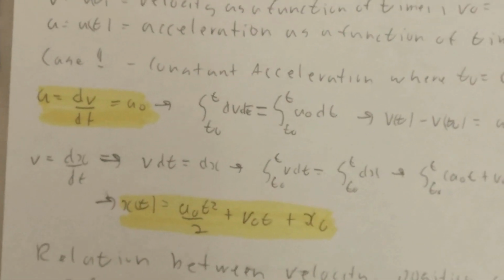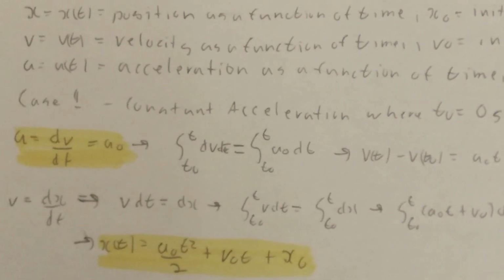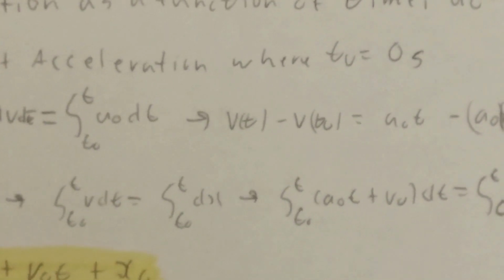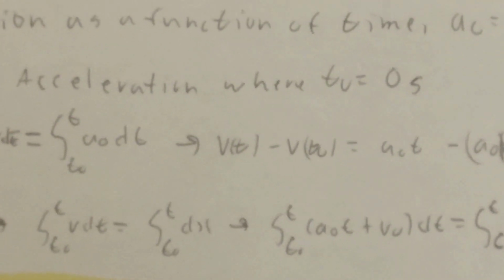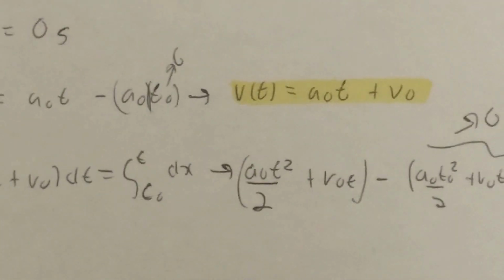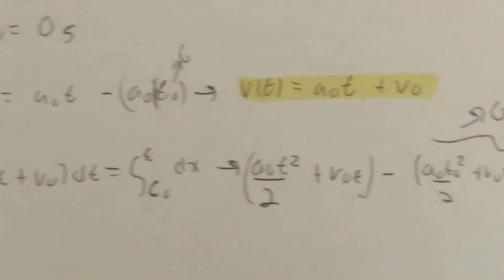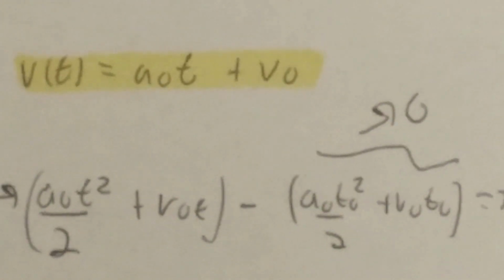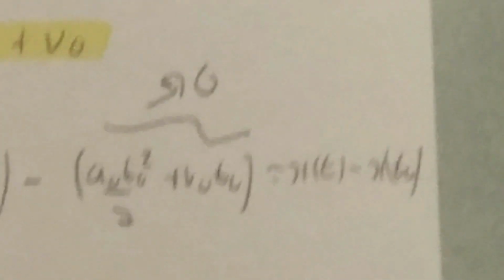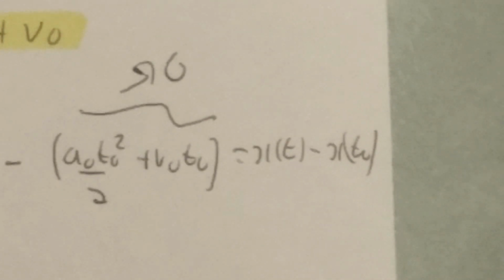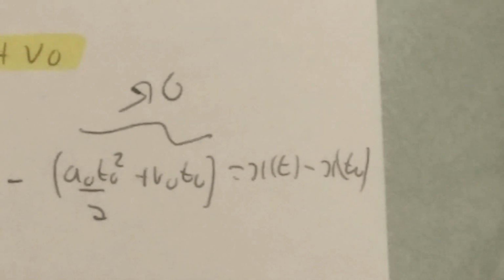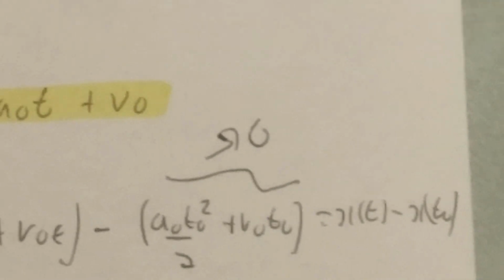Next, v equals dx/dt implies v dt equals dx. That implies the integral from t naught to t of v dt is equal to the integral from t naught to t of dx. And that implies that a naught t squared over 2 plus v naught t minus a naught t naught squared over 2 plus v naught t naught, and that term goes to 0, equals x of t minus x of t naught.